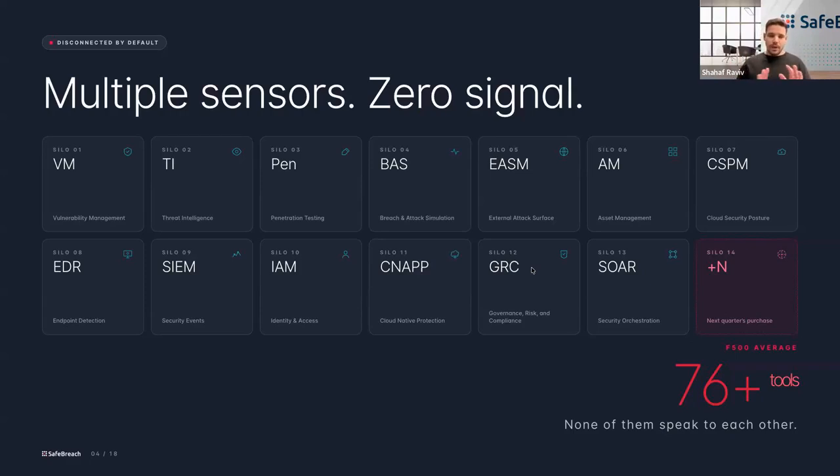Each one is, again, genuinely excellent on its own, but the problem is none of them actually talk to each other. And each one of them provides you different kinds of dashboards and data points and insights and all of those capabilities that those tools can provide. So visibility here is not actually the problem.